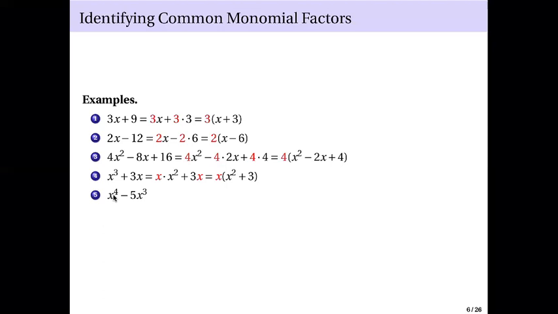We are using that factorization for x to the 4 because here I have x cubed also. So the highest common factor is x cubed. So we have x cubed times x minus 5 times x cubed. Now we can factor out the x cubed because it's a common factor. We will have x cubed times x minus 5.